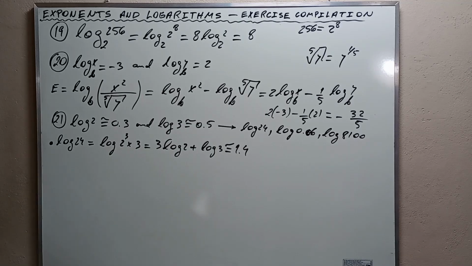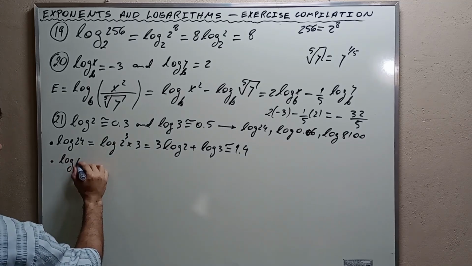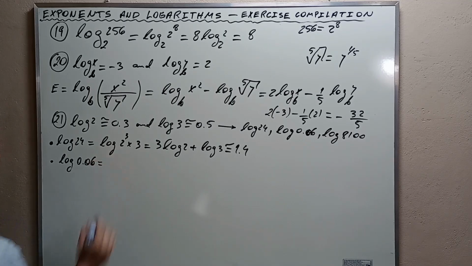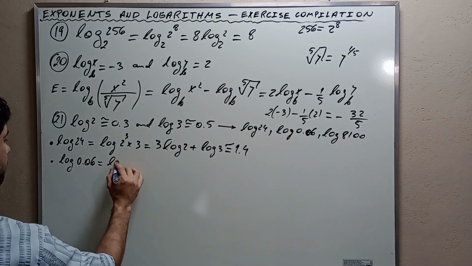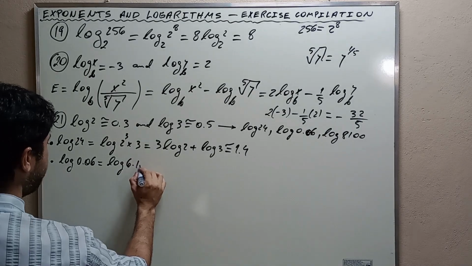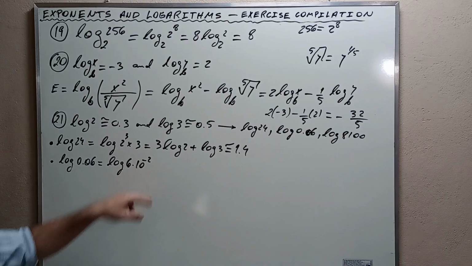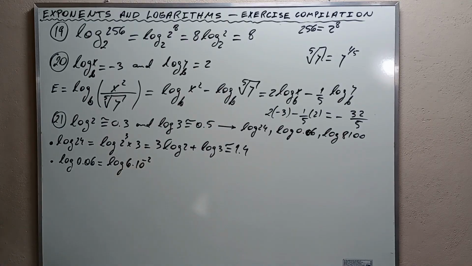And how about this? The logarithm of 0.06. What can we do to calculate this? Okay, observe that 0.06 is equal to 6 times 10 to the minus 2, or 6 times 10 raised to the power of negative 2.